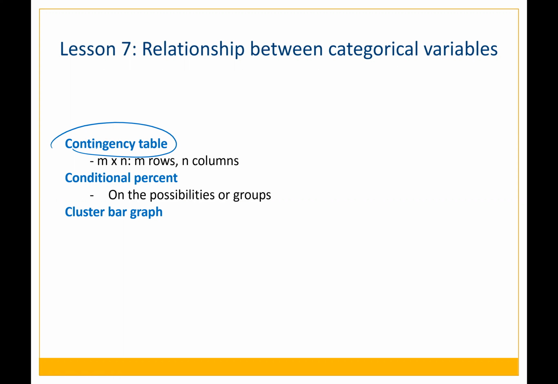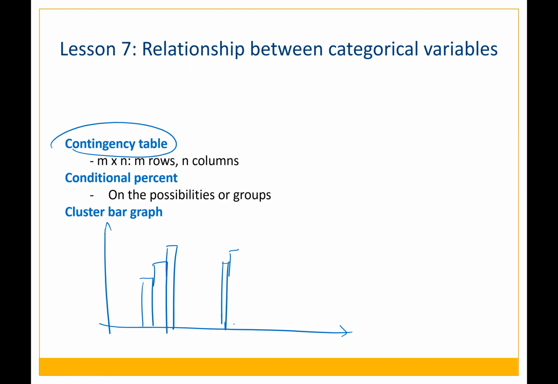Then we have the clustered bar graph. You have bars for each group, say group 1, group 2, group 3, and then they are color coded.